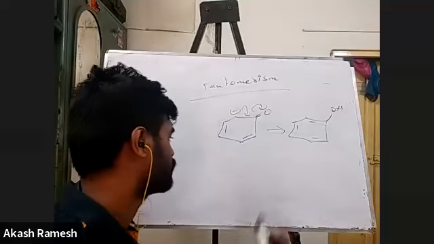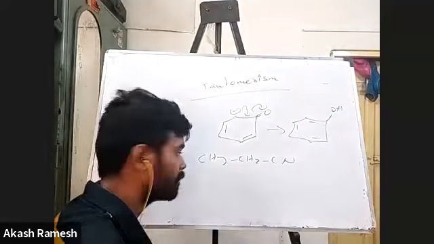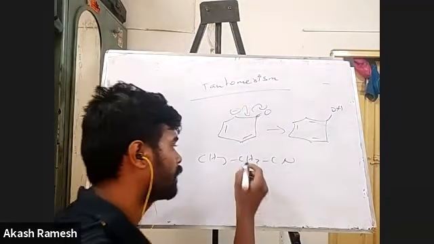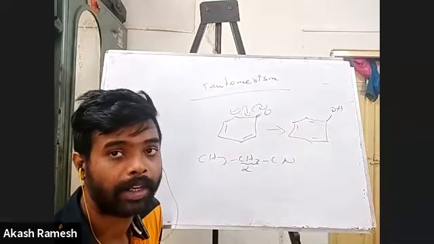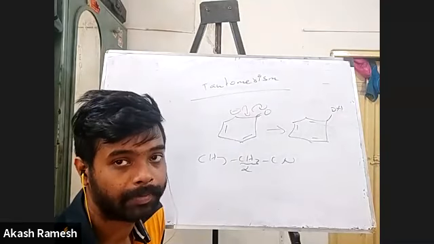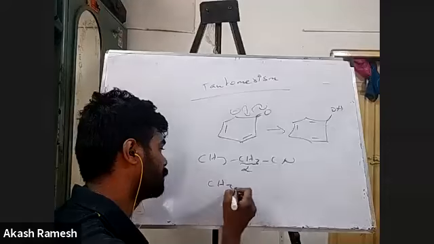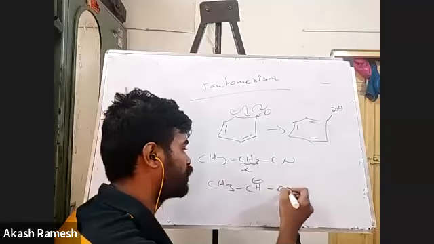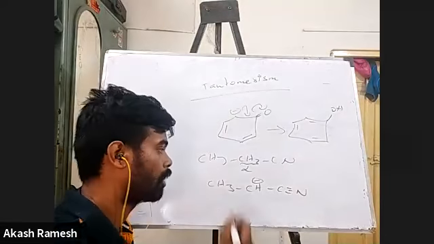Say, for example, I have CH3CH2CN, cyanide, nitrile, or whatever it is. This particular alpha hydrogen is also acidic. So the same thing can happen as with your ketones. If I remove the H plus, it is going to become CH minus, with C triple bond N. Now what is going to happen?